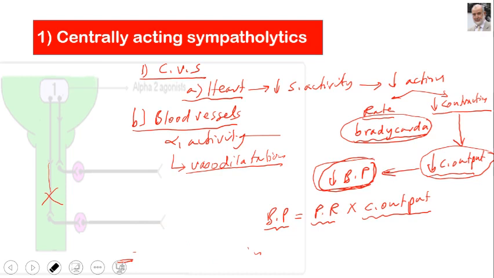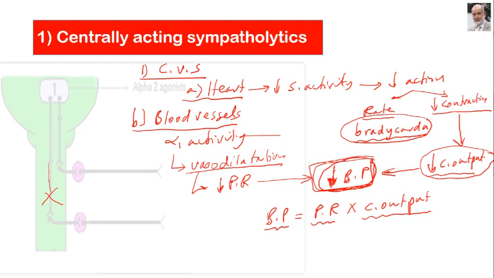They produce vasodilatation. And if vasodilatation takes place, what will happen to the peripheral resistance? It will decrease, especially in the arterioles. And if the peripheral resistance decreases, there is a decrease in blood pressure. Okay? So blood pressure is decreased by sympatholytics by two mechanisms: by decreasing the cardiac output and by decreasing the peripheral resistance.